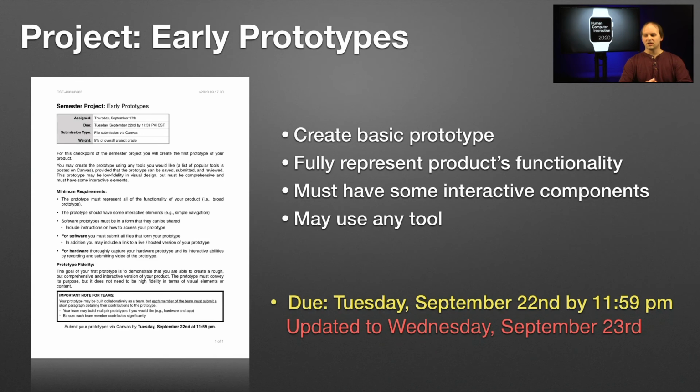So the question is, what exactly am I looking for with the prototype? What I'm looking for is the basic broad layout of your app or your product, whatever you're making, in some prototyping software and some form of interactivity. The most basic level would be if you have a home screen, a settings screen, and some other feature on a separate screen, having each of those screens and then being able to click a button or click a label and move between the screens.